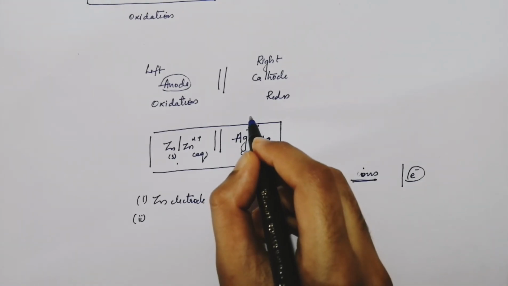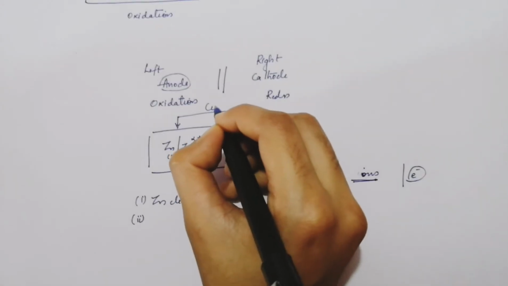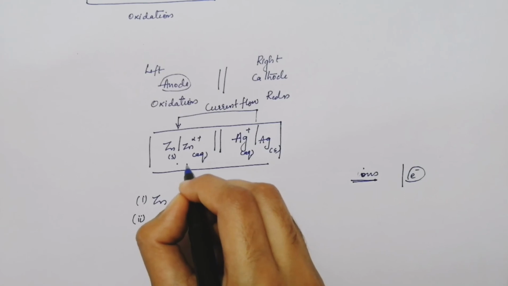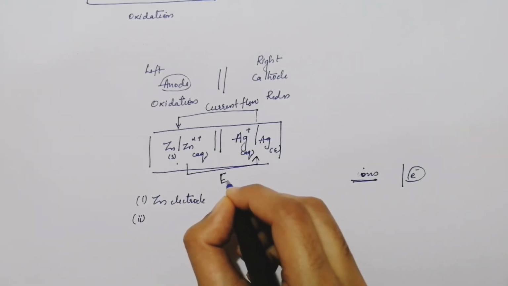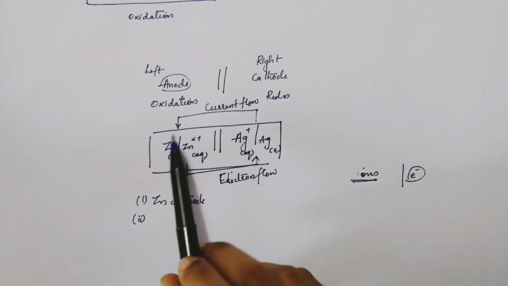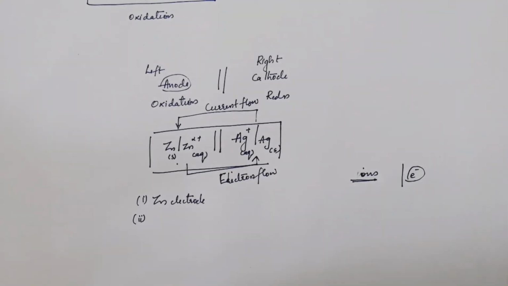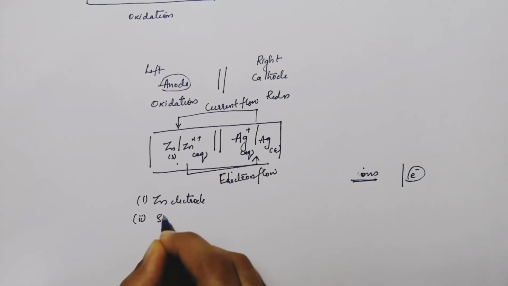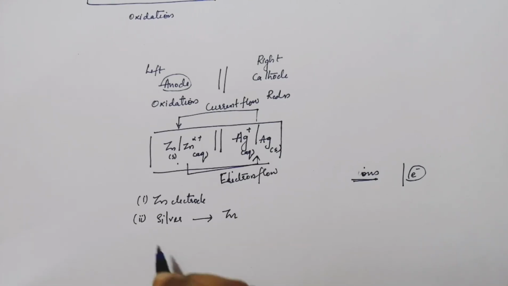The current flow is happening from the cathode to the anode, and then the electron flow is happening from the anode to the cathode. From this we can say that the current flow will happen from the silver electrode to the zinc electrode. So this is the current flow.